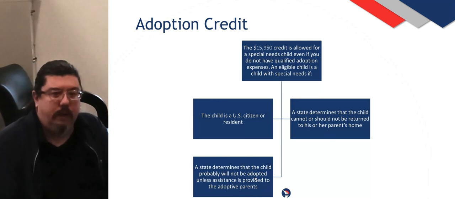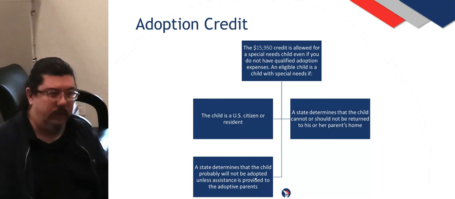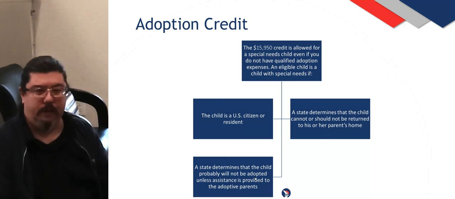So usually we'll have something from the Office of Children's Services that says specifically, it's going to have those magic words, because of the special needs of Joey, we determined that he would not be adopted unless there were assistance being provided.